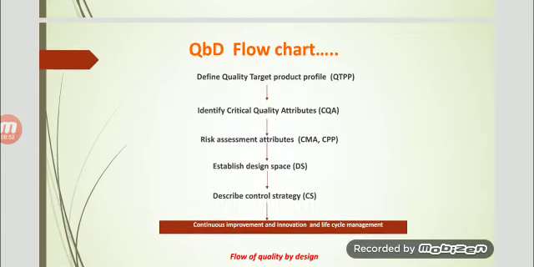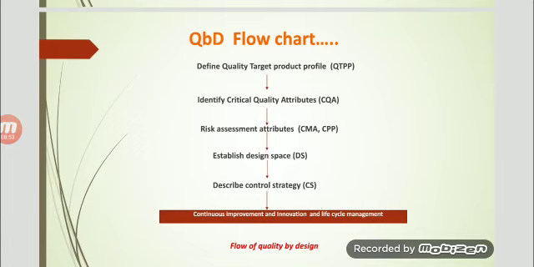The same thing, put in the form of a flow chart. You define the quality target product profile, followed by identifying critical quality attributes, and risk assessment of attributes, CMA, which is going to be for the excipients and for the active pharmaceutical ingredients, then establish the design space and describe a control strategy.